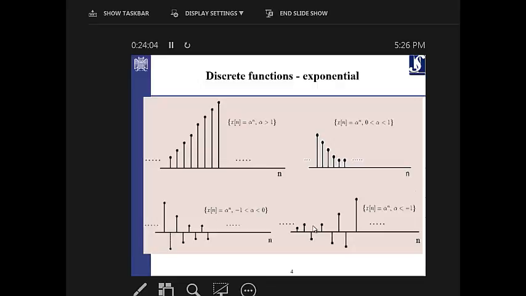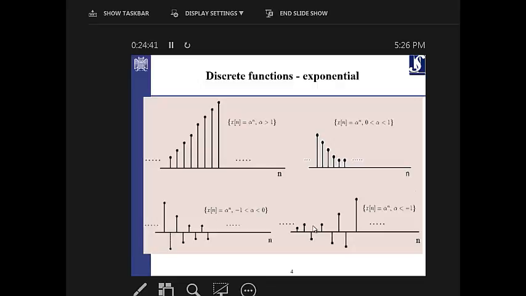For example, if alpha is greater than 1, it is monotonically increasing. If alpha is between 0 and 1, then it is damping, so it starts from a greater value and just damps down. And if it is between minus 1 and 0, it is frequently changing the amplitude from positive to negative, but also it's damping, converging.